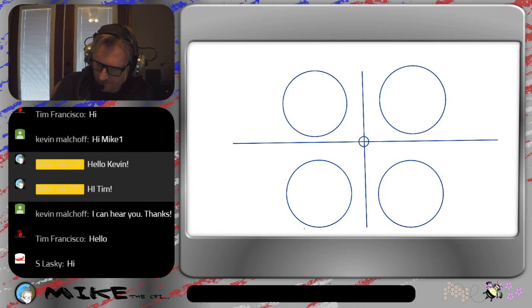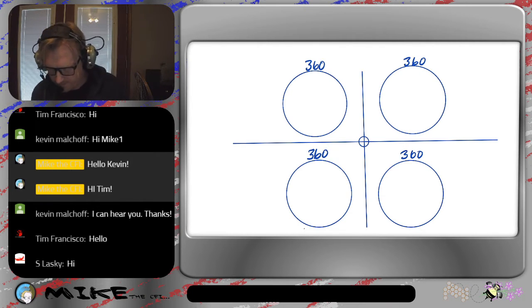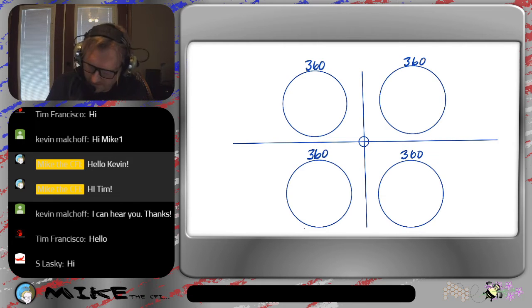So for example, if we had each of these four VOR OBS tuned to 360, what that's referring to is that you're tuned to the 360 course or radial, depending on where you are relative to the station.